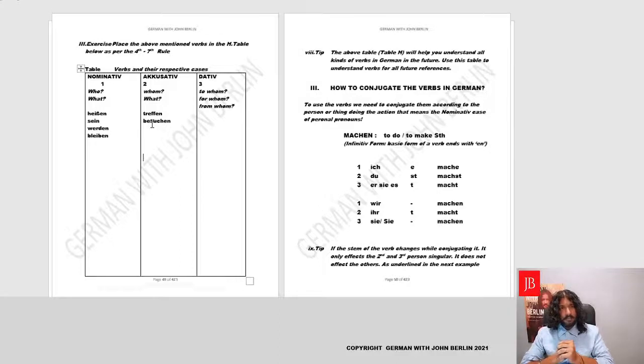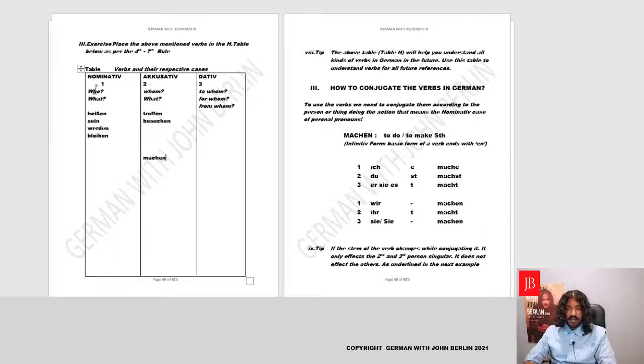Like I make a pizza. It'll be basically who makes what. It again requires a person who makes something and what is being made. That kind of a verb will be accusative. But again, we can add another question. We can add who makes for whom what. I make for you a pizza.